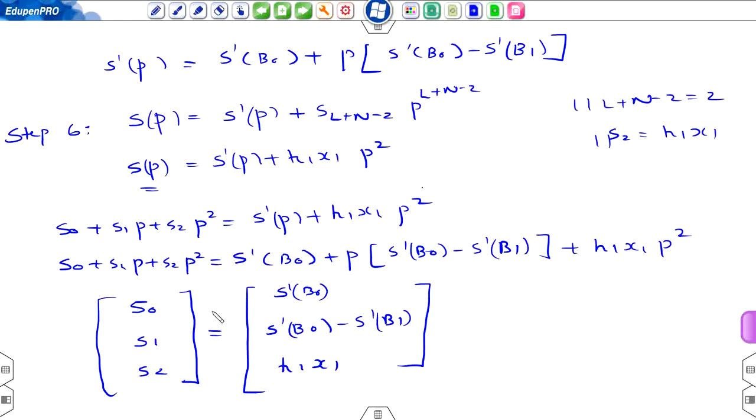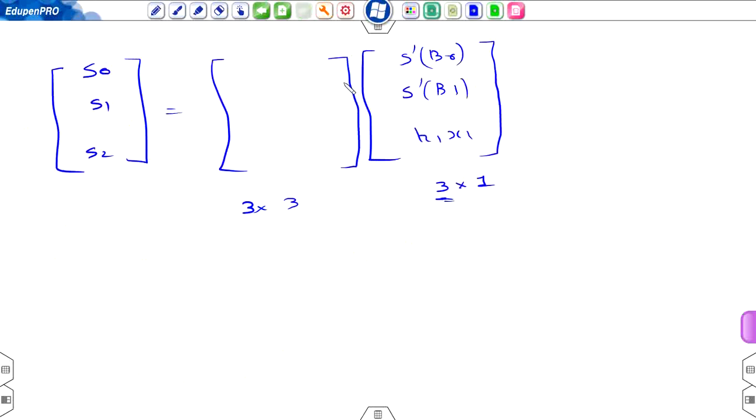In the first row I need only S prime beta 0, so the first row first column value should be 1 and the remaining values 0. Similarly in the next row the elements are 1, minus 1, 0, which gives S prime beta 0 minus S prime beta 1, and in the last row I need only H1 x1, so I have 1 at row 3 column 3.